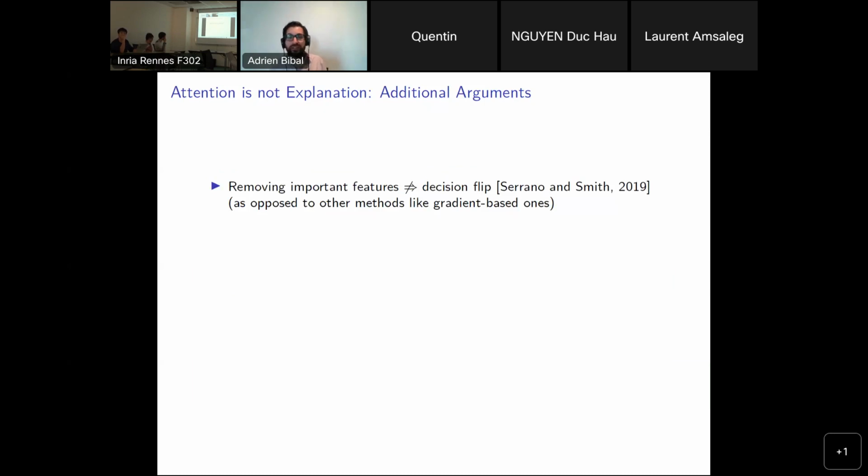That's a little bit weird, because you could expect that if you remove what's considered important for a decision, you will have another decision. But in fact, it's not always the case.